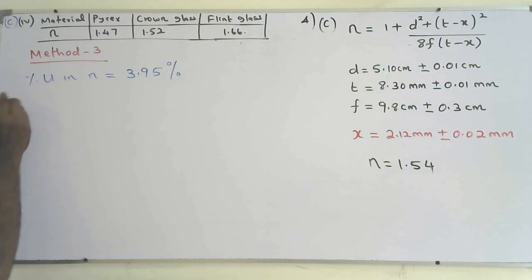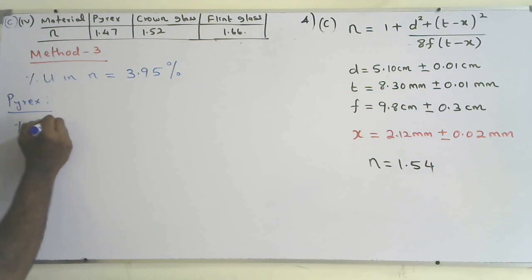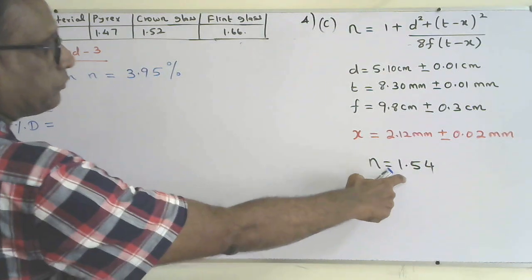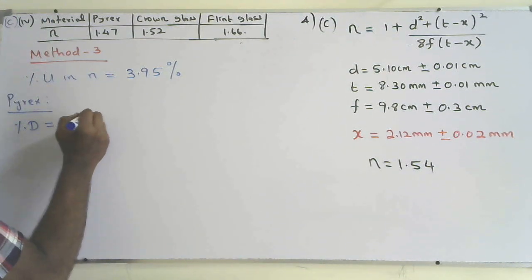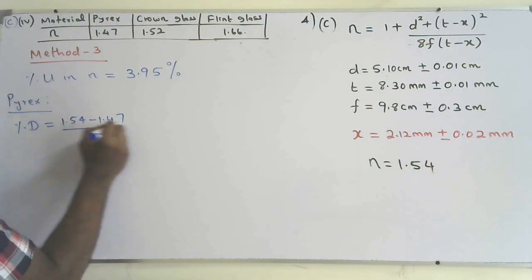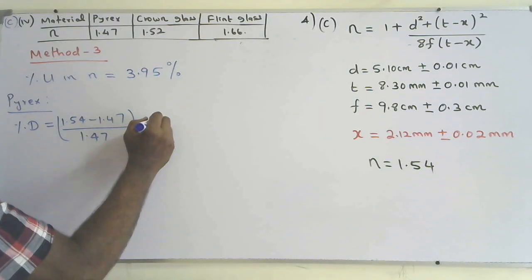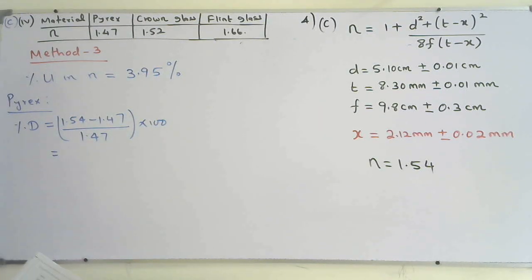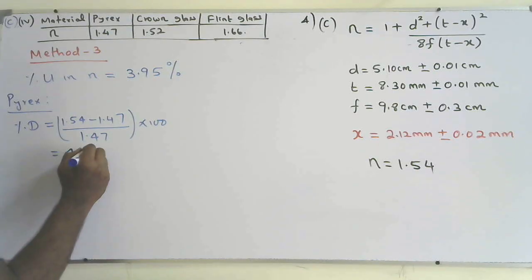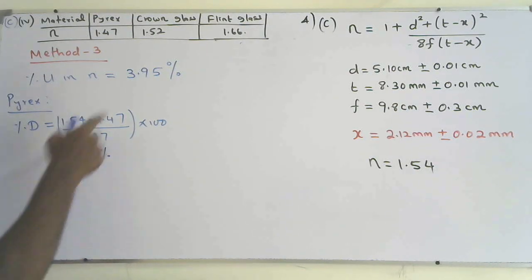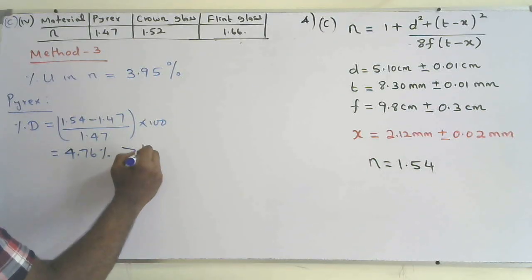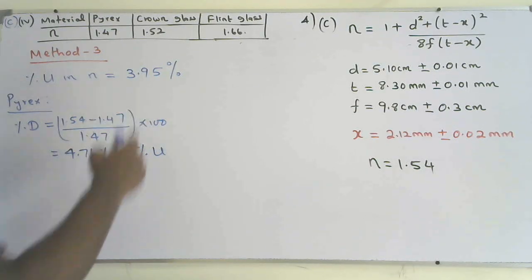So for Pyrex, percentage difference equals difference over the standard value. So 1.54 minus 1.47, over 1.47, into 100. You will get a percentage difference of 4.76, which is greater than the percentage uncertainty of 3.95.